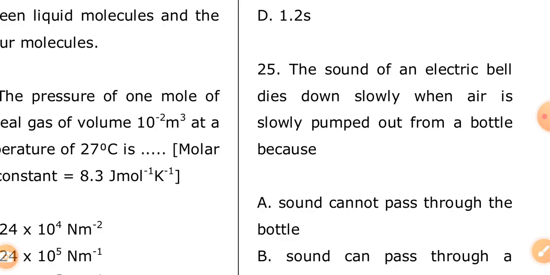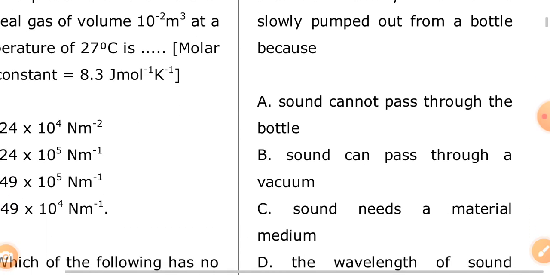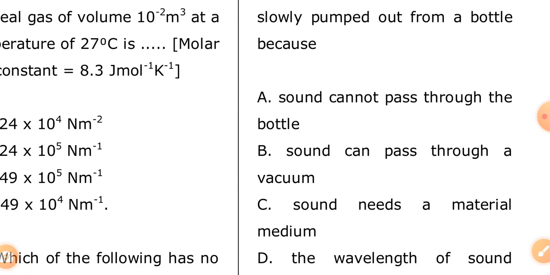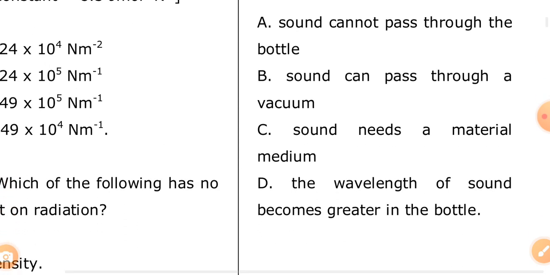The sound of an electric bell dies down slowly when air is slowly pumped out from a bottle because the answer is sound cannot pass through the bottle, or sound can pass through a vacuum, or sound needs a material medium, or the wavelength of sound becomes greater in the bottle.